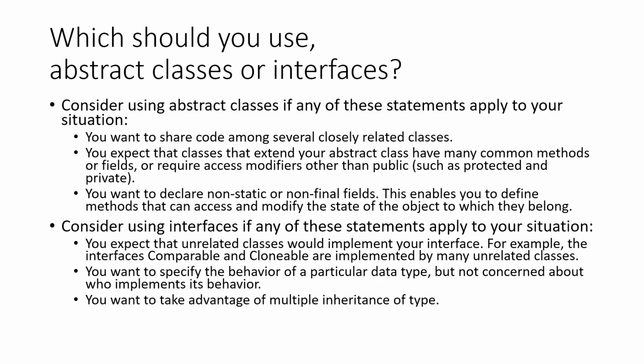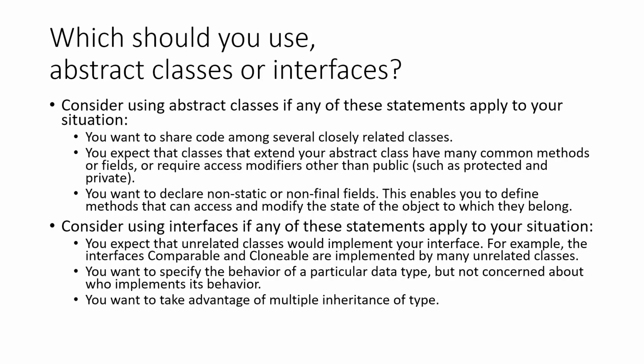You can consider using interfaces if any of these statements apply to your situation. For example, you expect that unrelated classes would implement your interface. In the previous videos, you have seen that the class AnimalActions was extended by both a bird as well as a fish, that is a sparrow as well as a salmon.